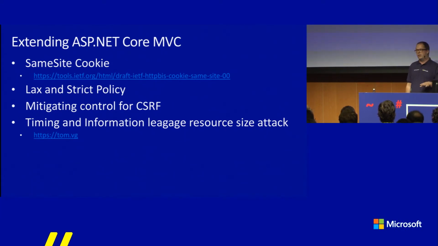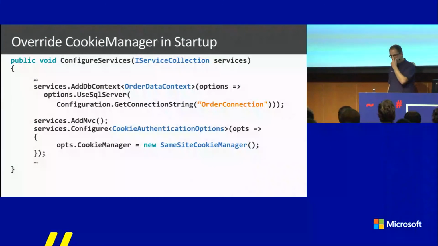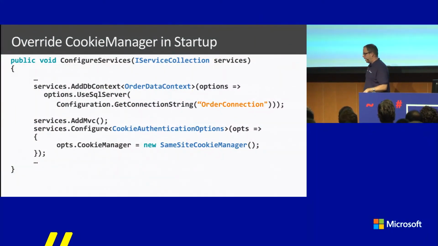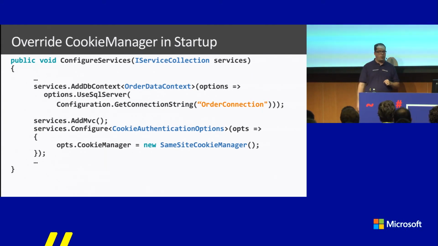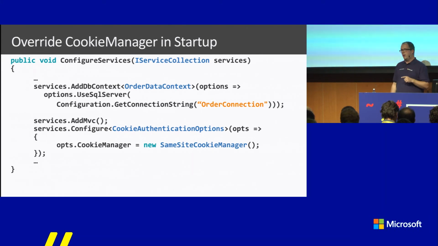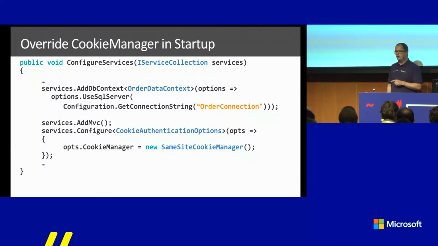This is not the real solution, but the browser can help out by creating an extra layer which limits the risk, and that's cool. So how can we fix MVC Core 1.x in order to do this? In my demo project, I created a same-site cookie manager, and in this example, I'm overriding the cookie authentication options.